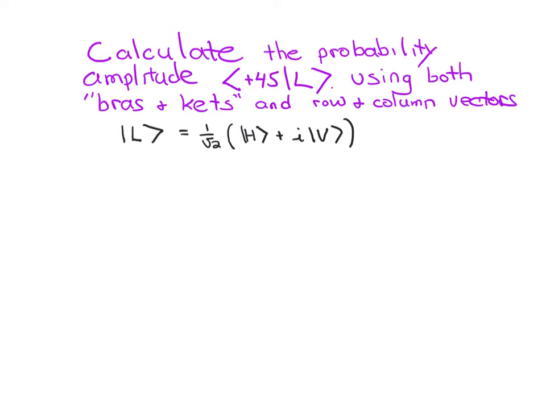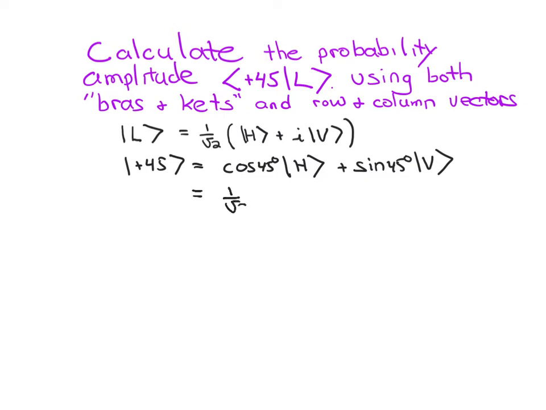And similarly, I can represent the plus 45 degree polarized photon as cosine 45 degrees times the H state plus sine 45 degrees times the V state, and that is, of course, just equal to 1 over the square root of 2 times H plus V, like so.